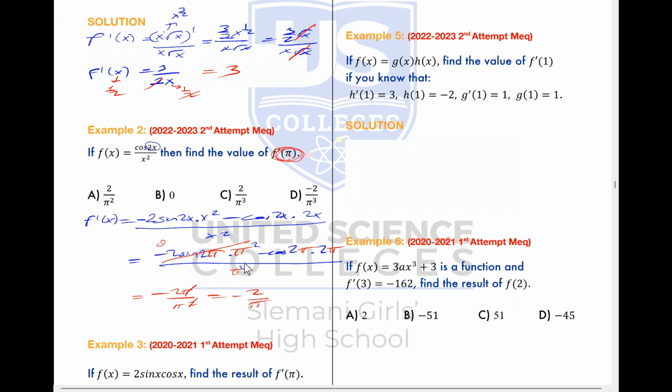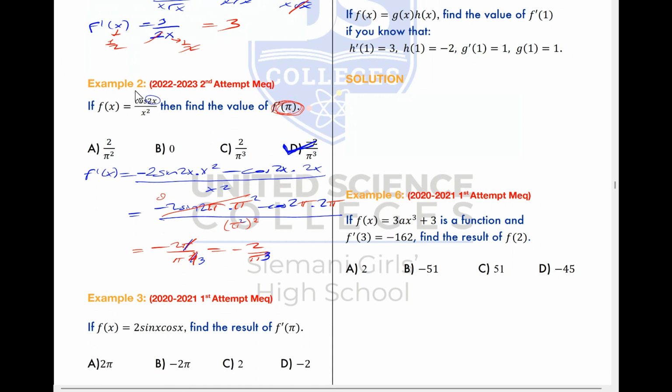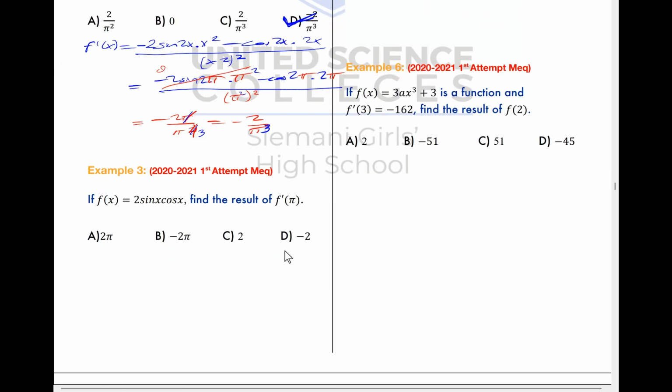When I square the bottom, it becomes pi squared squared, so pi to the 4. So when I cancel pi's, 3 remains as a power at the bottom. So negative 2 over pi cubed will be the answer, option D. Alright, so I forgot to square the bottom. This was my mistake. Okay, let's continue with another ministry question involving trigonometry.